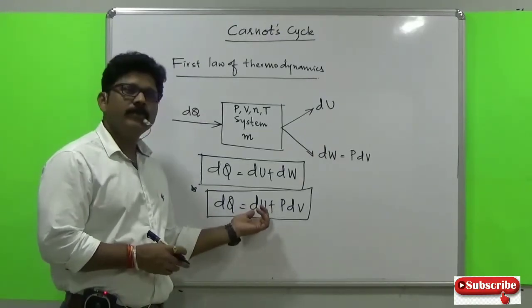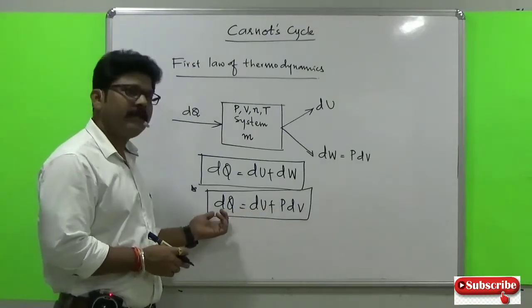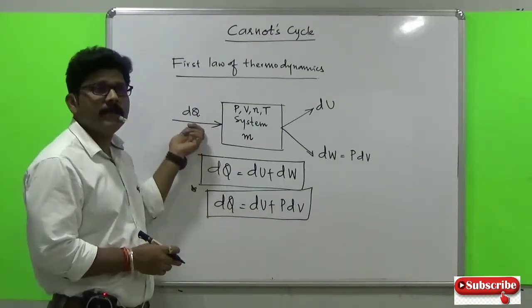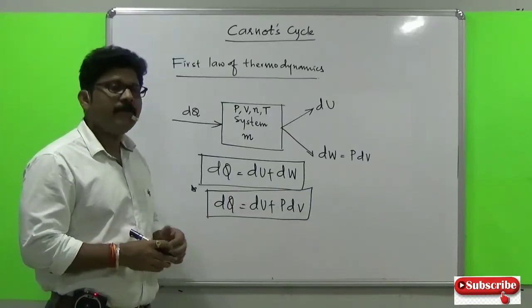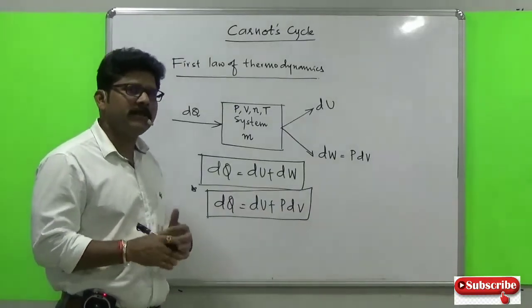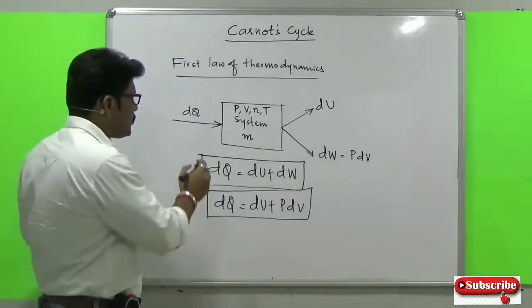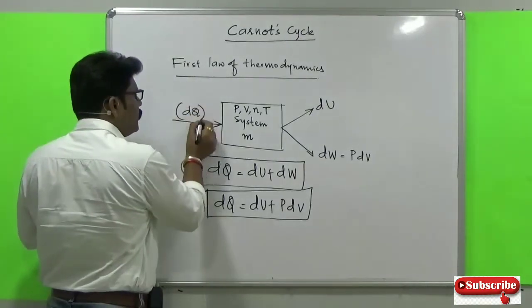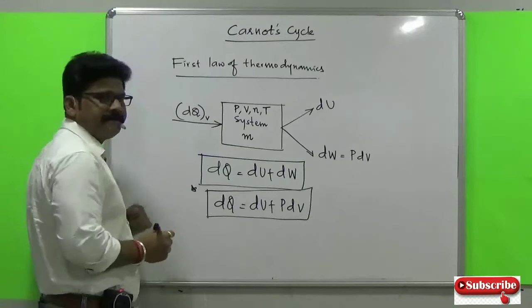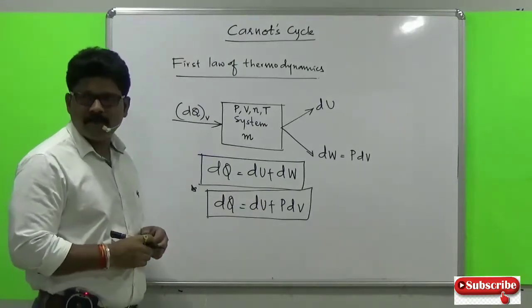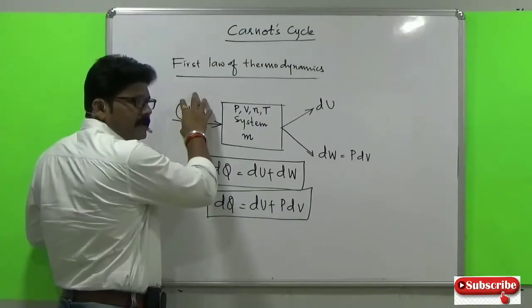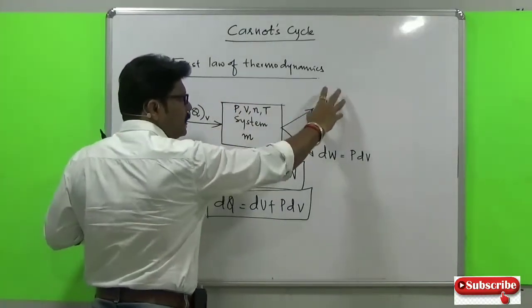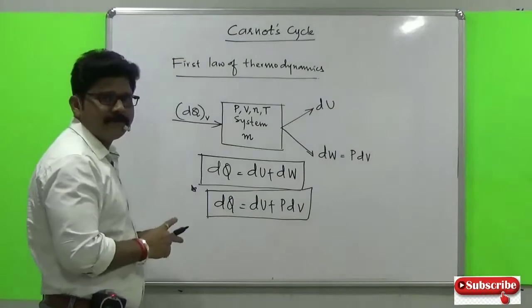What is du and what is the heat? If you supply this heat at constant volume, what happens? If you supply the heat at constant pressure, what happens? If I am supplying at constant volume, then the total heat is utilized only to increase the internal energy.